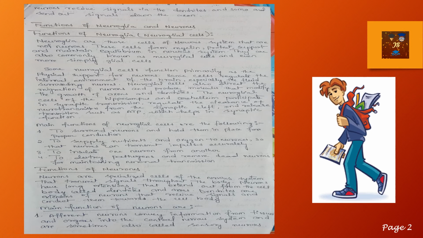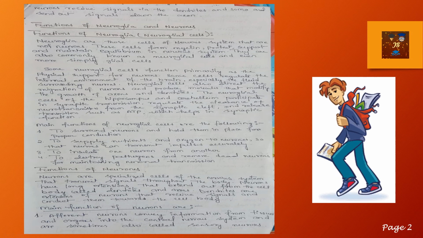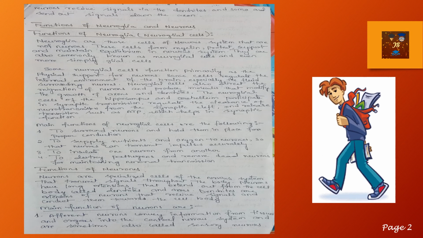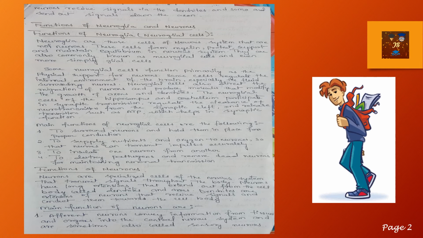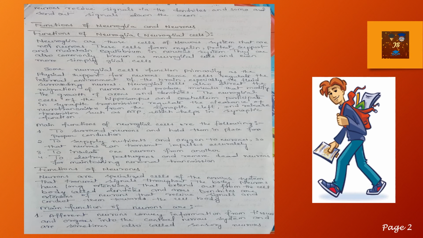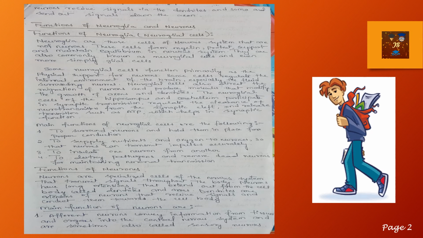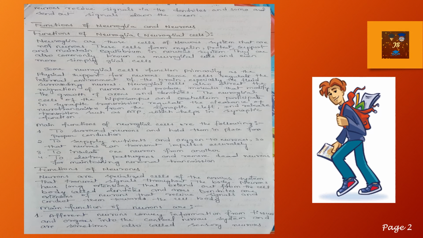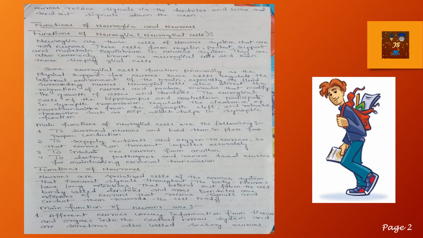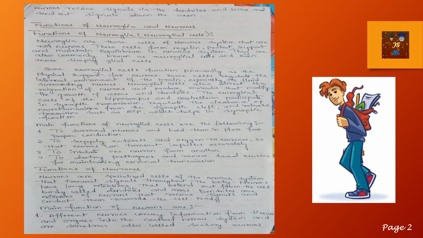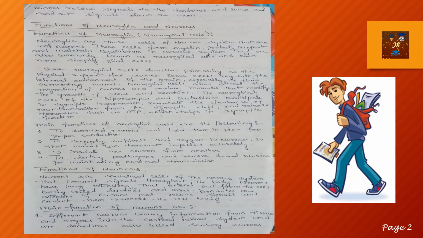The main functions are to surround neurons and hold them in place for proper conduction, to supply nutrients and oxygen to neurons so that they can transmit impulses accurately, to insulate one neuron from another, and to destroy pathogens and remove dead neurons for maintaining neuronal transmission.